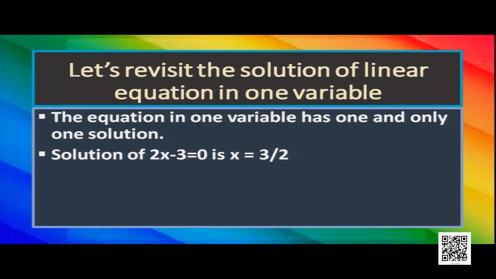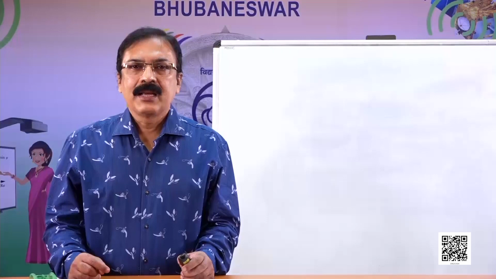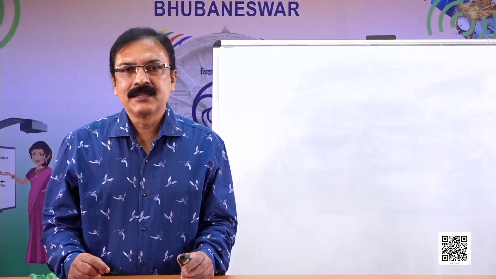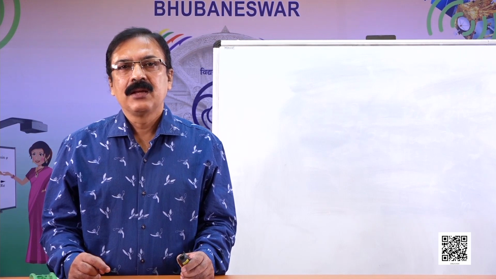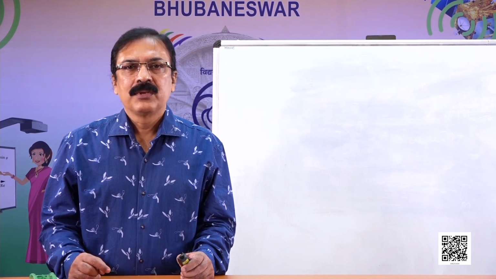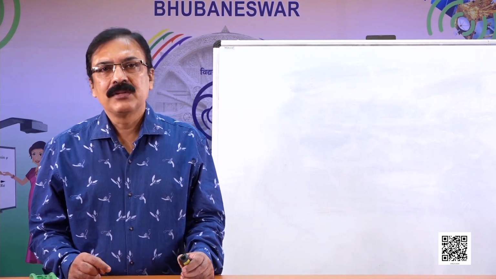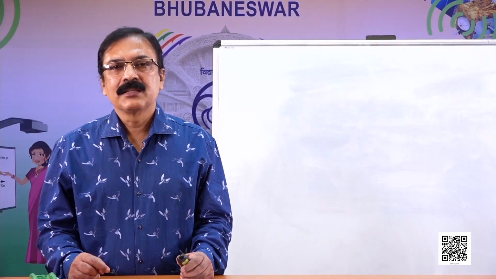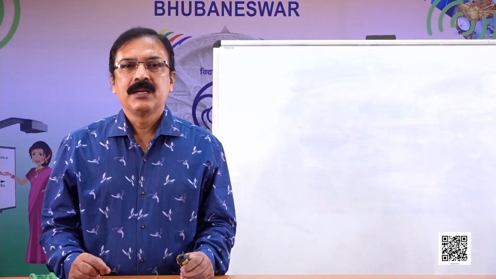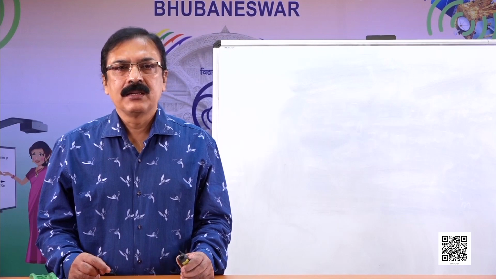Can we get any other value of x for which 2x minus 3 will be 0? If we try, we will see that no other value of x will satisfy the equation 2x minus 3 is equal to 0. So, in this case, the solution is said to be unique.